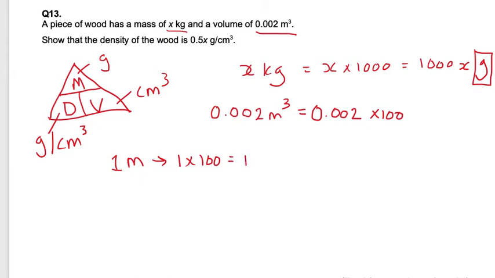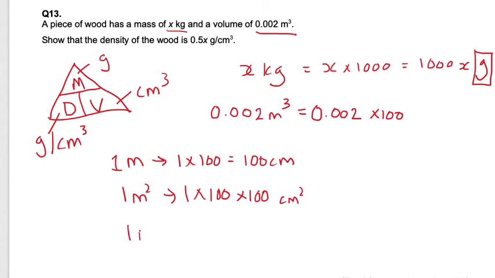That gets us to 100 centimetres. If we're going from 1 metre squared, an area, then this equals 1 multiplied by 100, but then we have to multiply it by 100 again, and that turns it into centimetres squared.